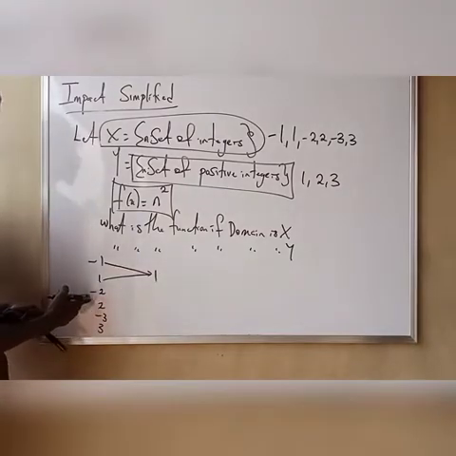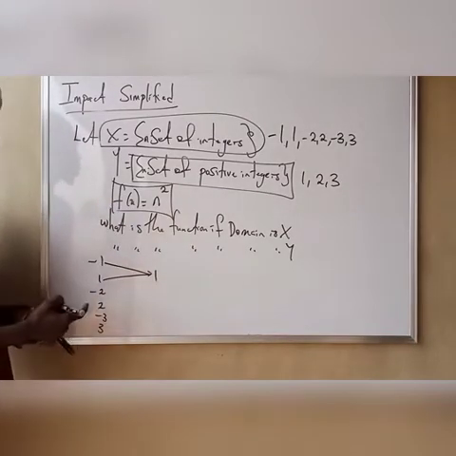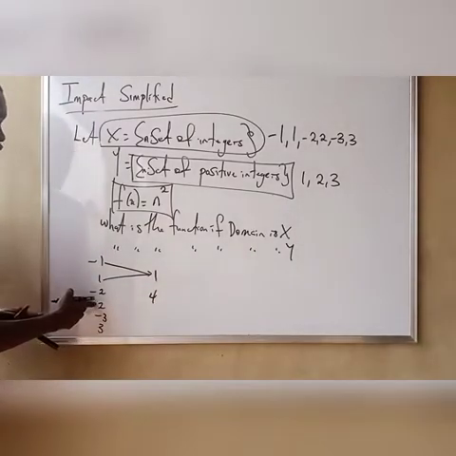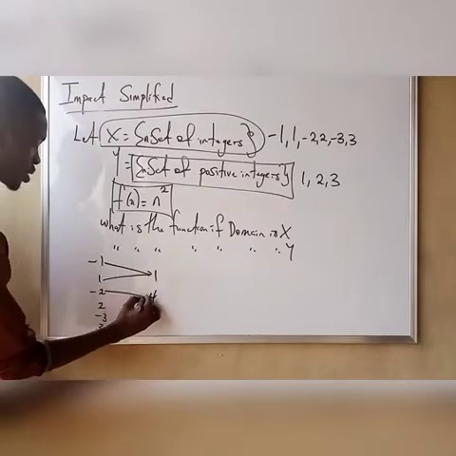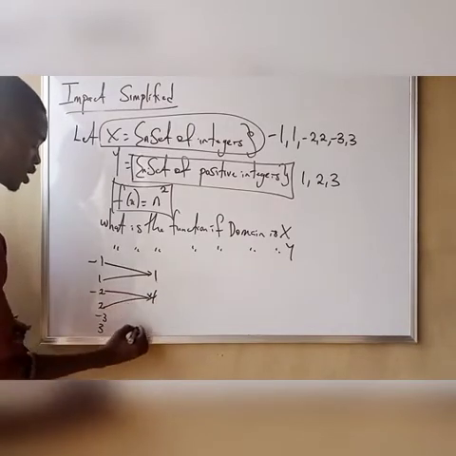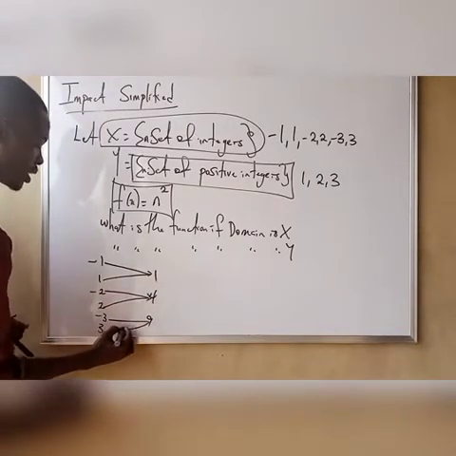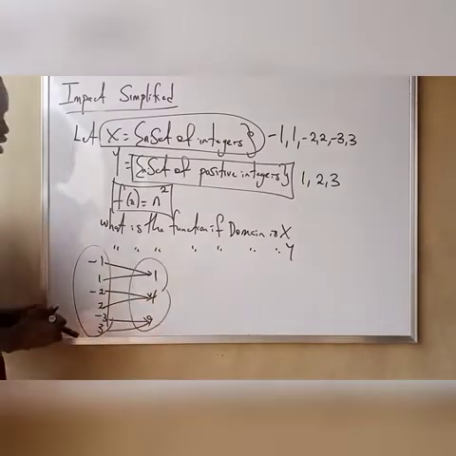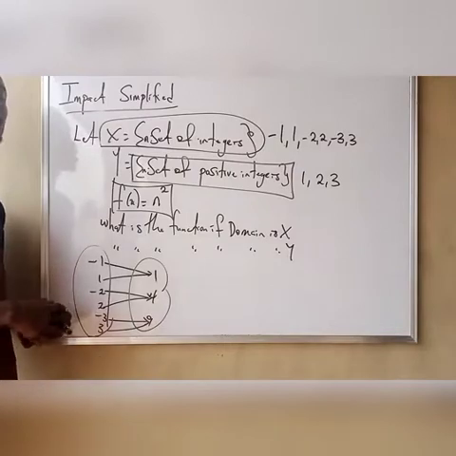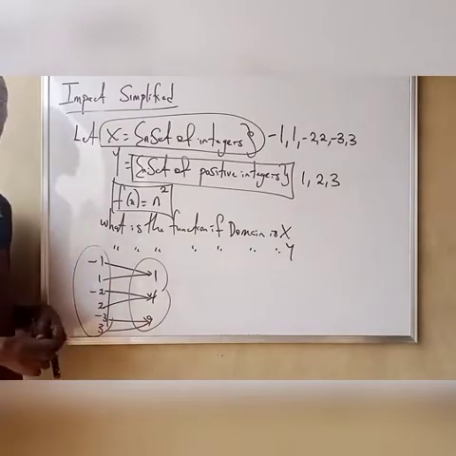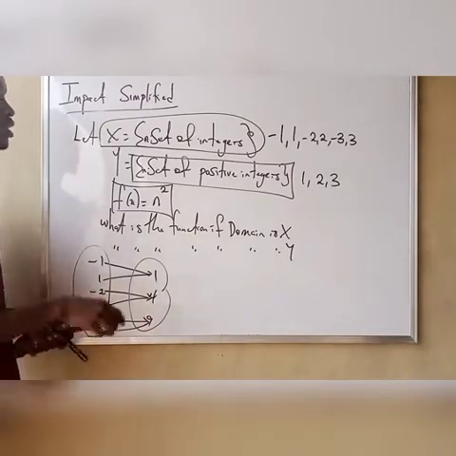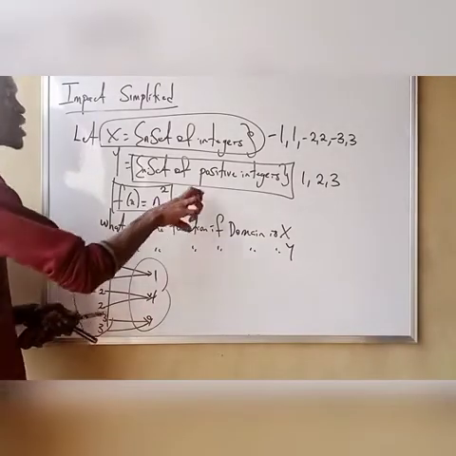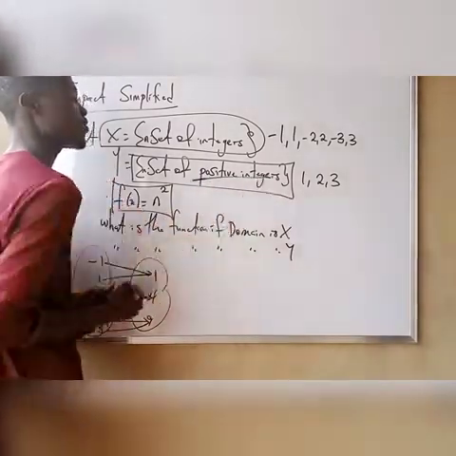If your input variable is minus 2, put minus 2 here. What do we have? We have 4. If your input variable is 2, what do we have? We still have 4. That means this will be linked to this, and this also will be linked to this. So which type of function is it? You can see that this function is not injective. It can be surjective or what? Or many to one. Now let's look at it when your input variable is the set of positive integers.